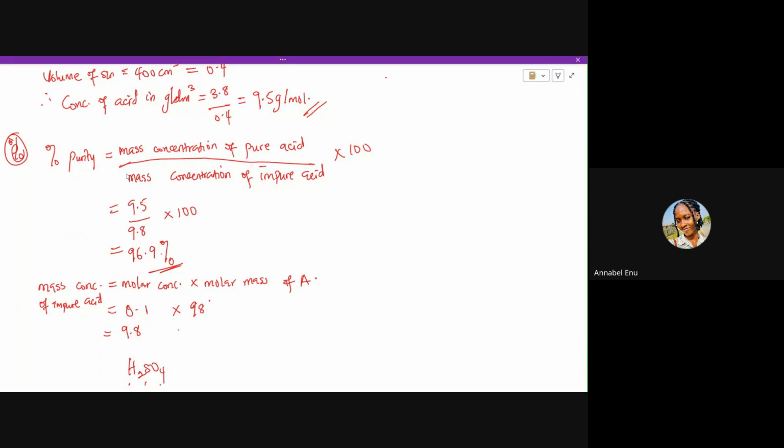Now if you want to get that of impurity, the totality of a percentage is 100. So if about 96.9% of it is pure, that means the remaining percentage is not pure. Do you understand? So when we subtract this 96.9 from 100, that's the impure percentage.